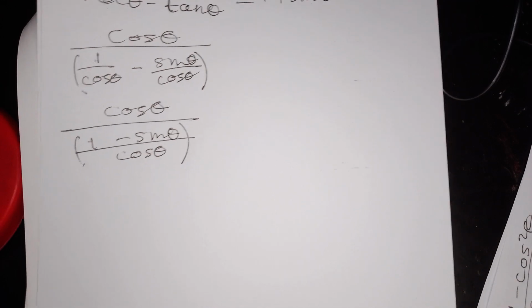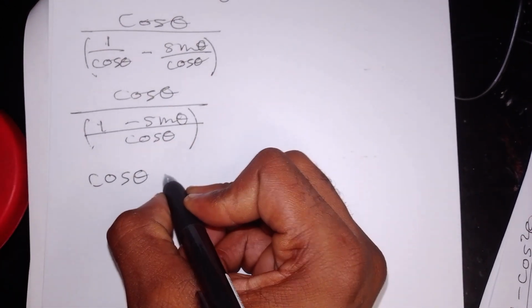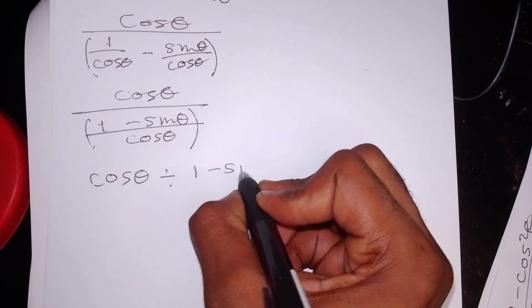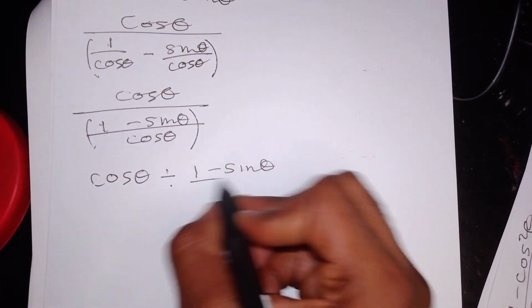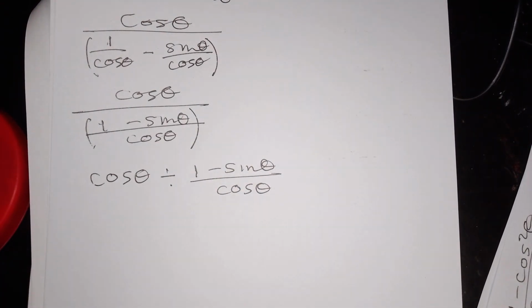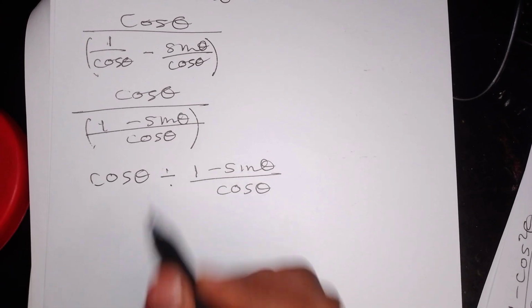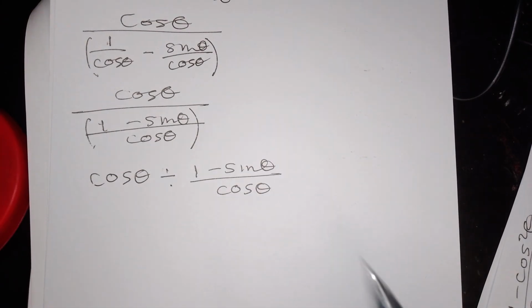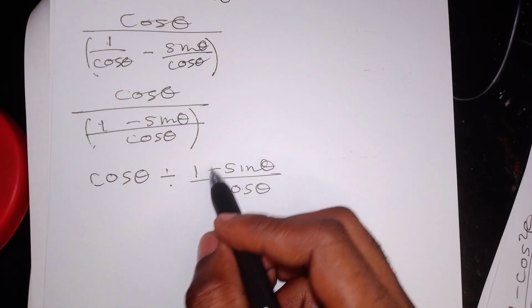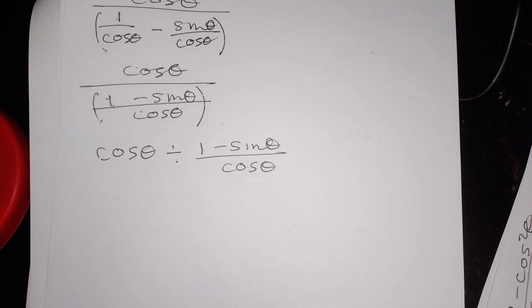And then at this point, this is actually easy, you can say cos theta divided by this thing here, 1 minus sine theta over cos theta, like this. When you're dividing, you change this to multiplication and then you reciprocate this. By the way, I thought this was a minus, so that means we still have a few more steps.